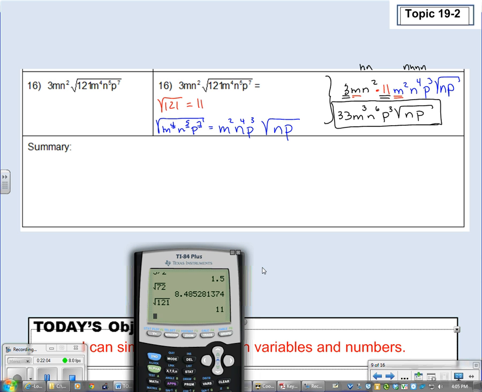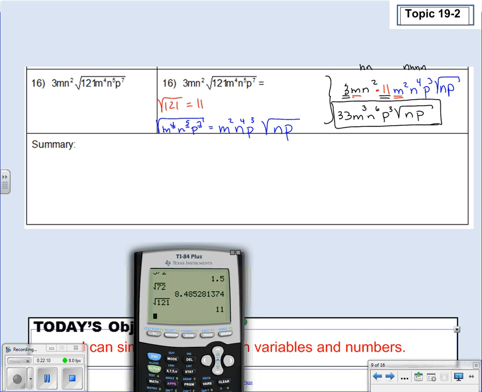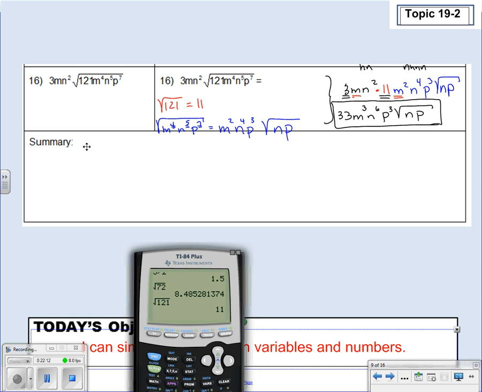So to answer our question of how can I simplify both variables and numbers, first thing we did, we used the calculator to simplify the number under the radical, if it's possible.